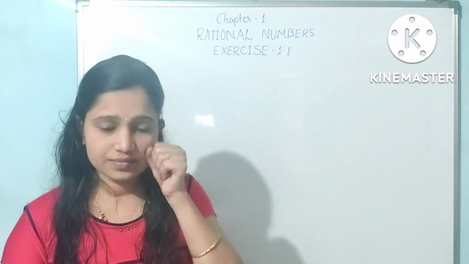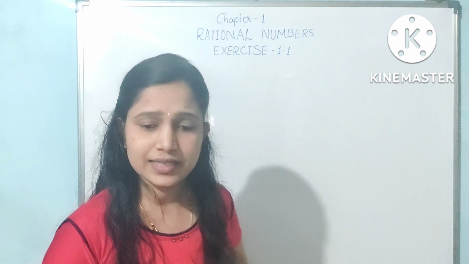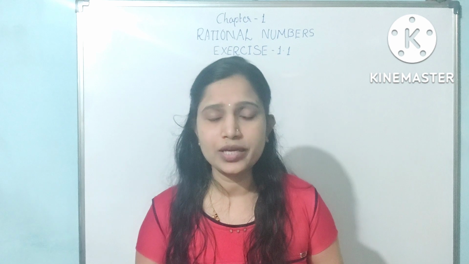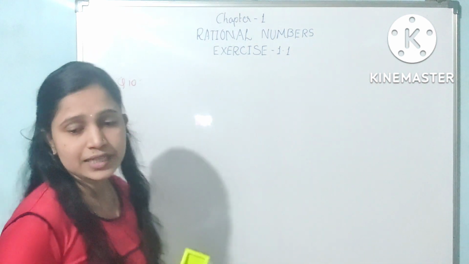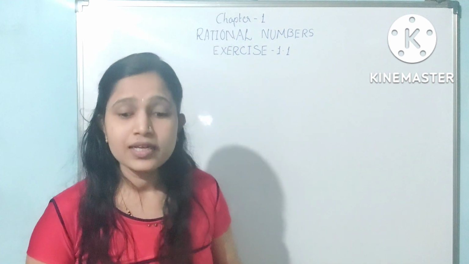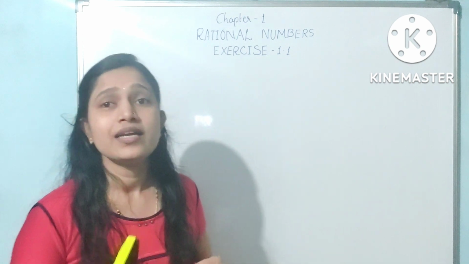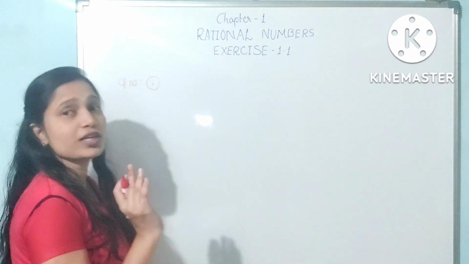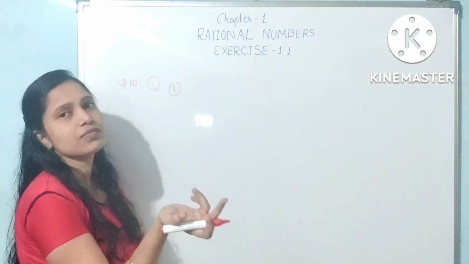Okay, the next one. Write the rational number that doesn't have a reciprocal. The 10th question, first one, they are asking for the rational number that doesn't have a reciprocal. See, if you consider 1, it has a reciprocal, 1. Minus 1, yes, minus 1.